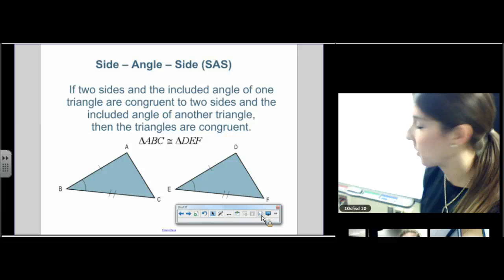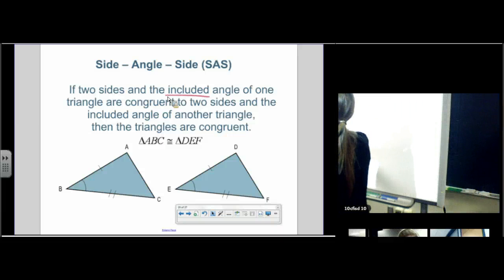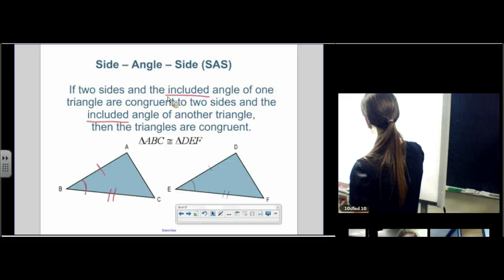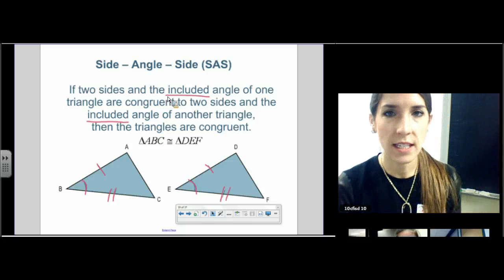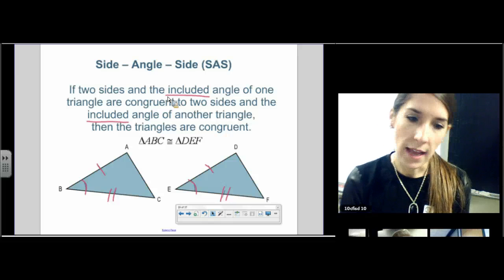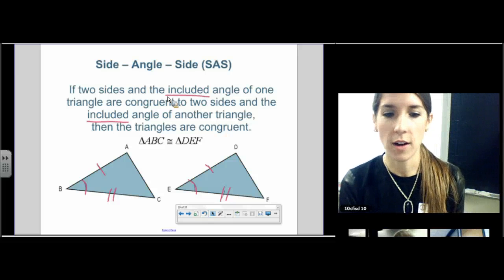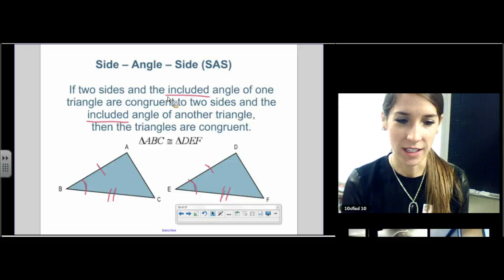And we're going to go deeper into what that means right there, because it does mean something, and it is very important, and we'll look closer at that. So that word included is integral to that definition. 2 sides of one triangle and the included angle are congruent to 2 sides of the other triangle and its included angle. It's called side, angle, side. SAS.